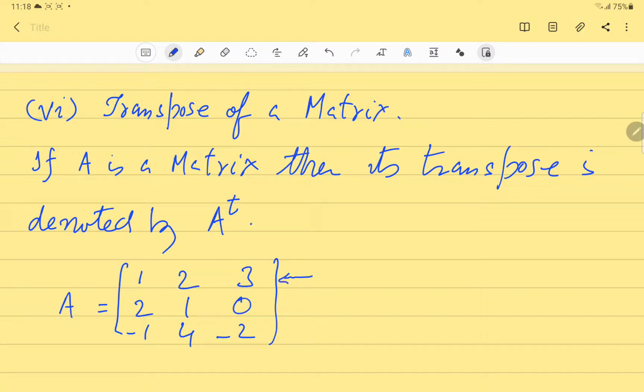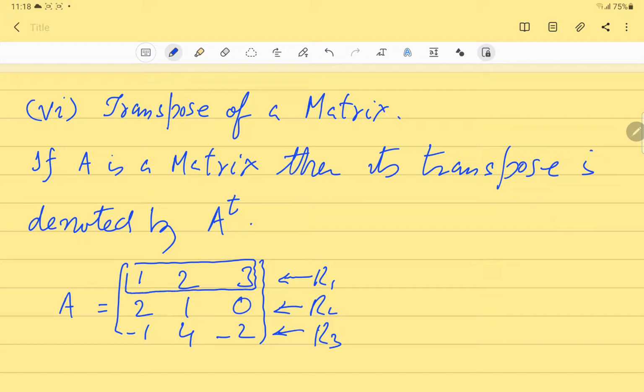This is row number 1, this is 2, this is 3.